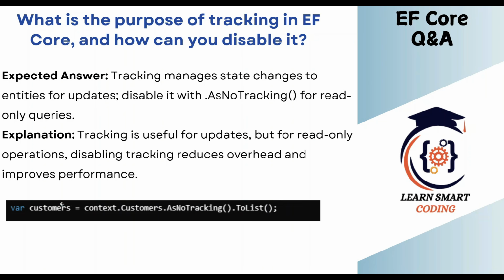If you modify the data, it doesn't know what to do. But we need to know what is meant by tracking and why and when and how you can disable it. So tracking manages the state changes to the entities for updates, and you disable it with this method for read-only queries. Only for read-only queries you should use this, which will increase the performance.